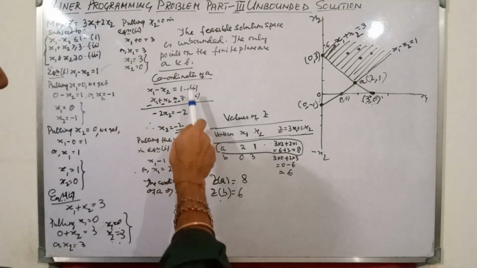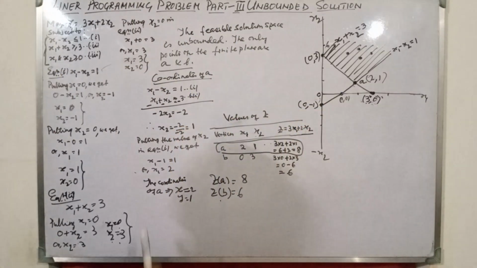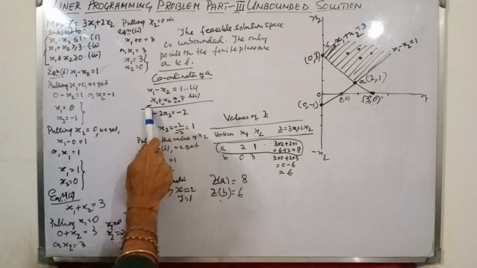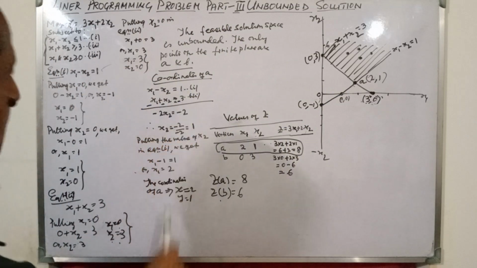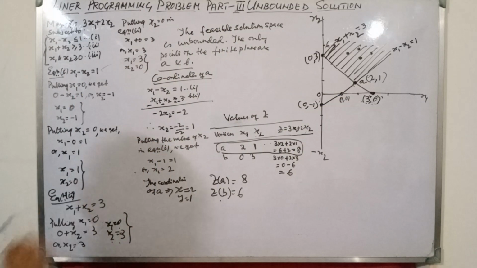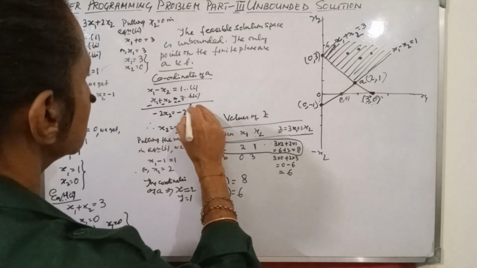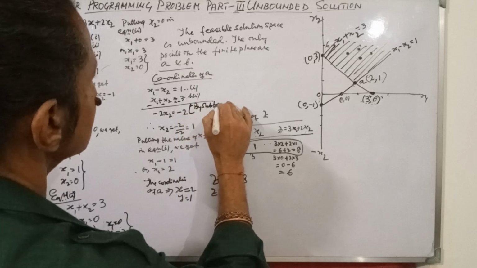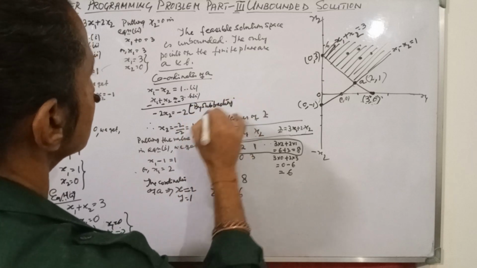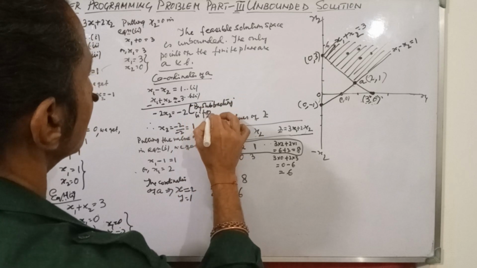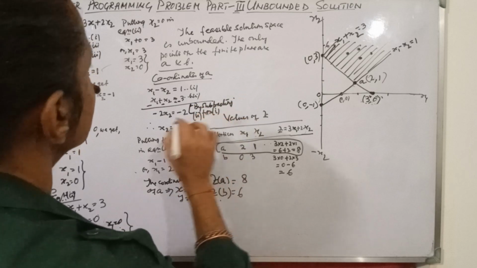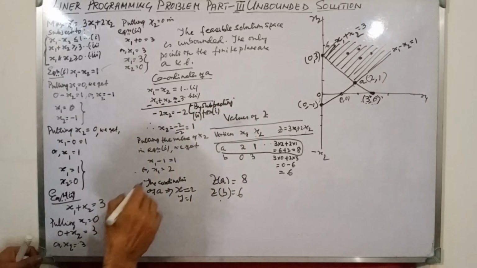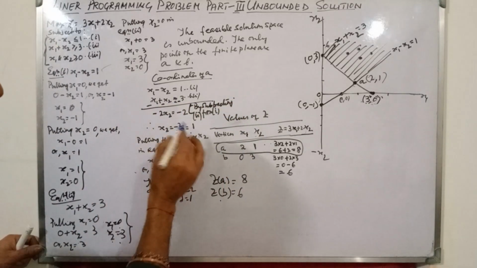We have found the coordinates of A by solving these two linear equations, x1 minus x2 equals 1 and x1 plus x2 equals 3. We have subtracted equation 1 from equation 2 and we have got the value of x2 as 1.